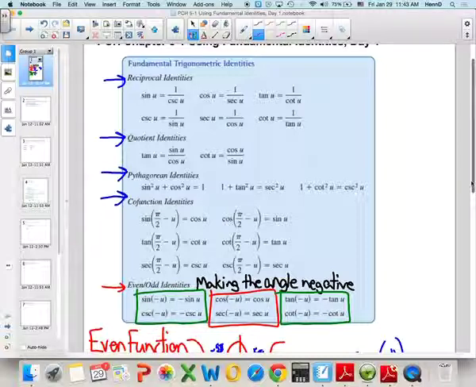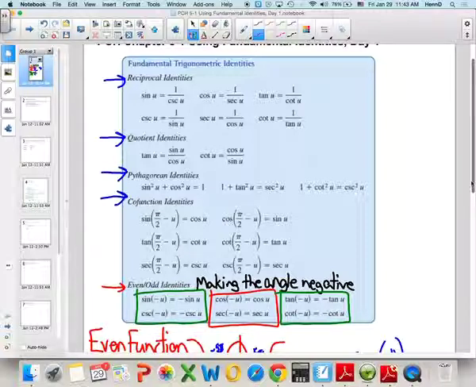The cofunction identities and the even and odd identities we will use, but not as much, so you're going to need to take the time to memorize them, so that when you need them, you remember that you have them. That's partly why I was taking a little more time here in class to go over that.